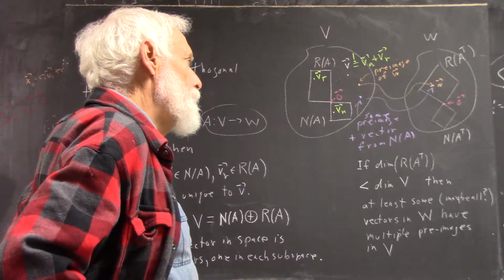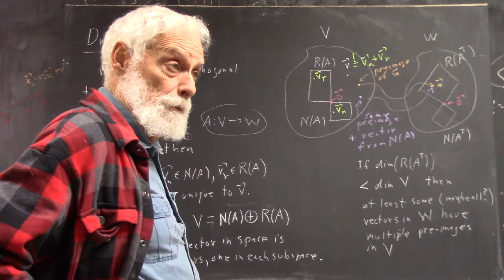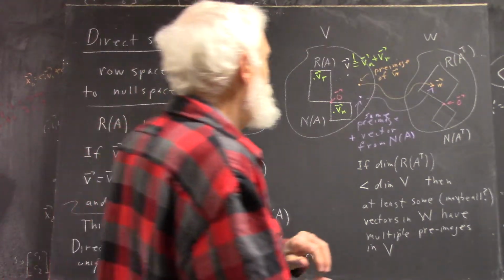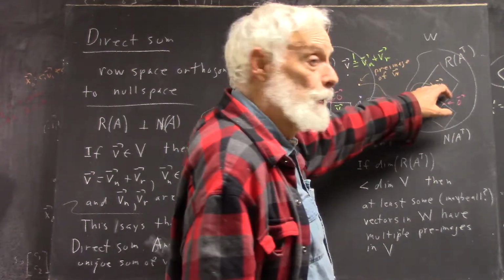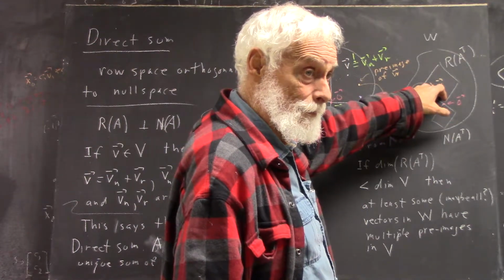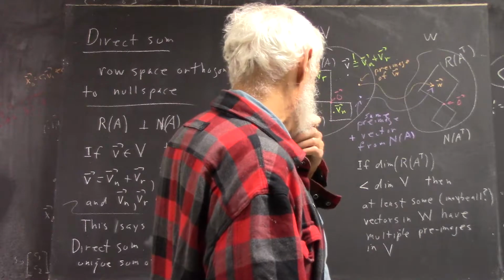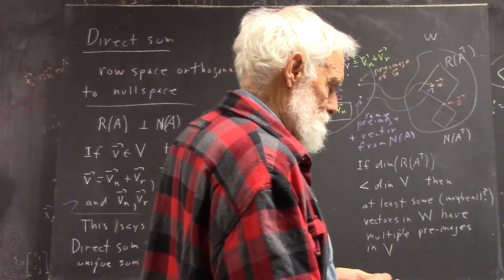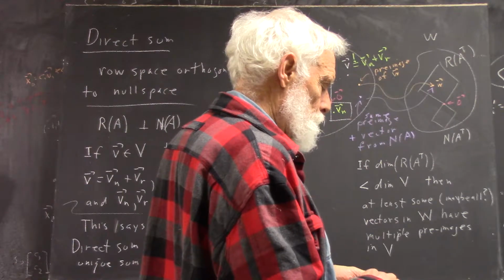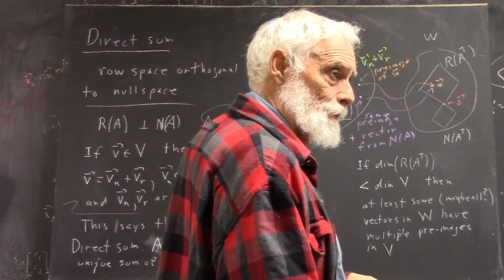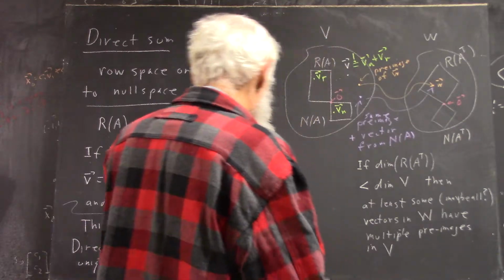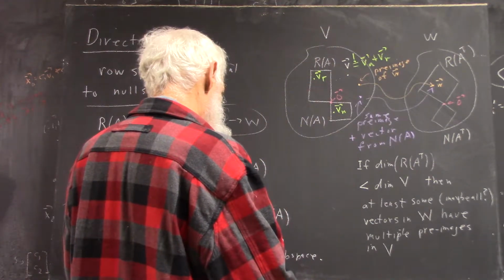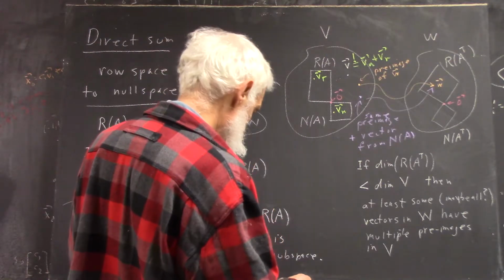Okay, but the key for thinking in terms of the least squares model is that you got multiple pre-images over here, and also that what you're trying to match up, okay, you can have a vector over here, looking for a color I haven't used.